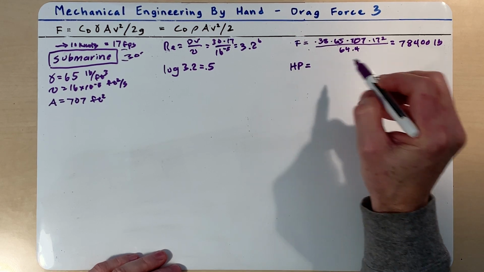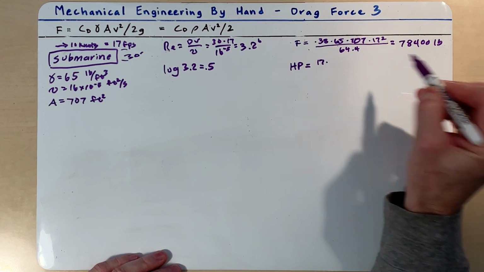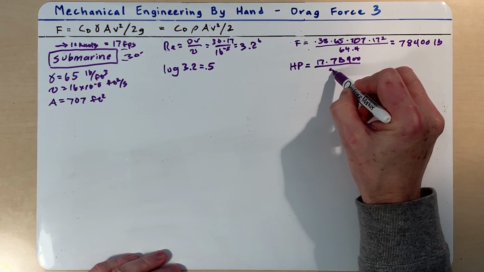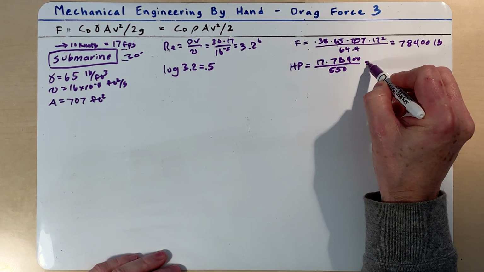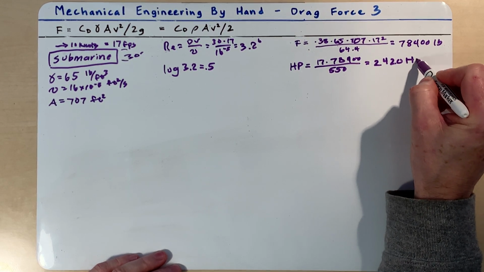And then the horsepower to overcome that drag force would be foot-pounds per second divided by 550. So 78,400 divided by 550 equals 2,420 horsepower.